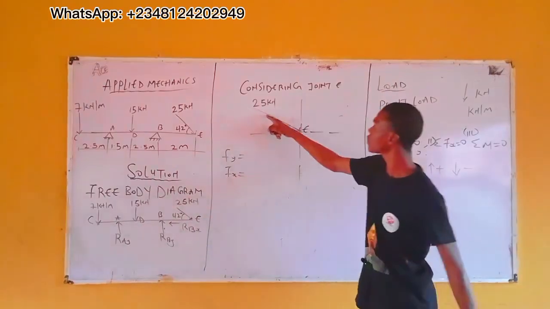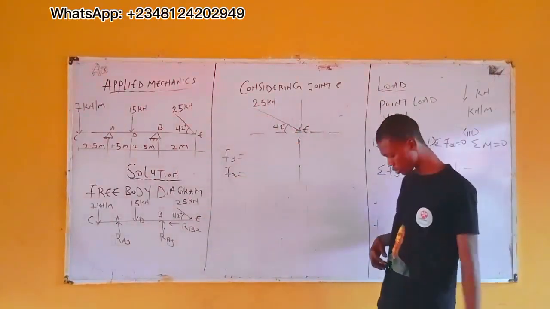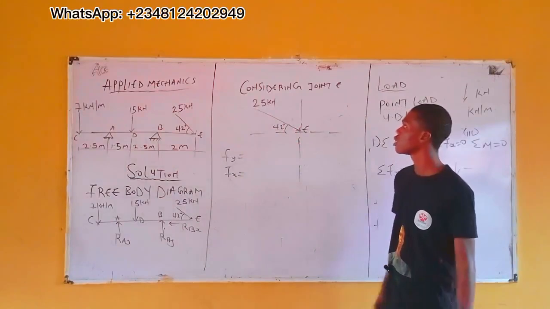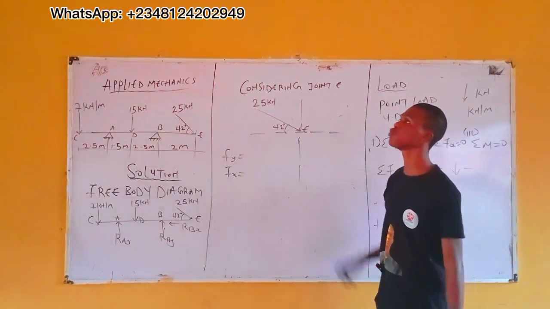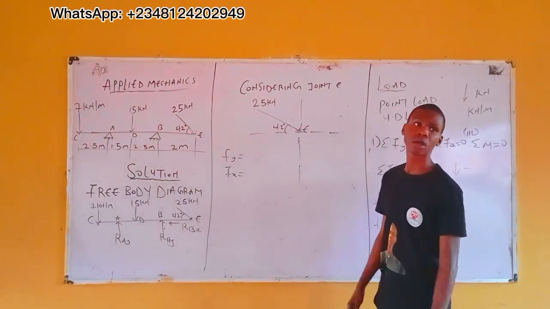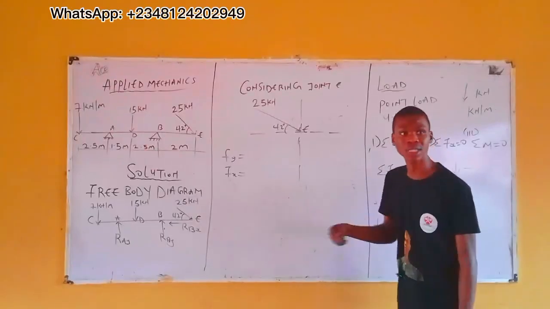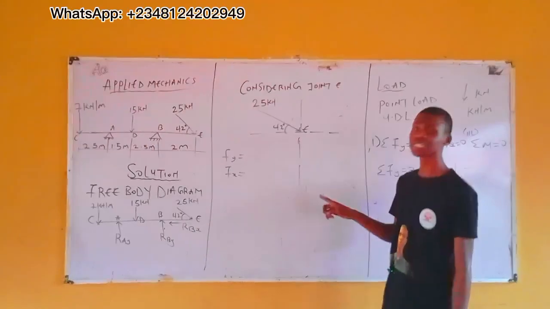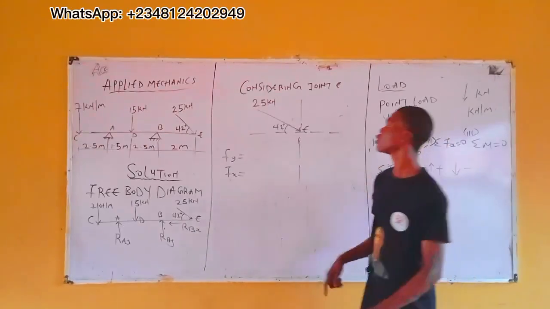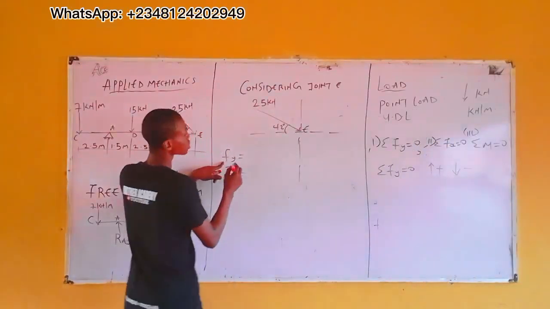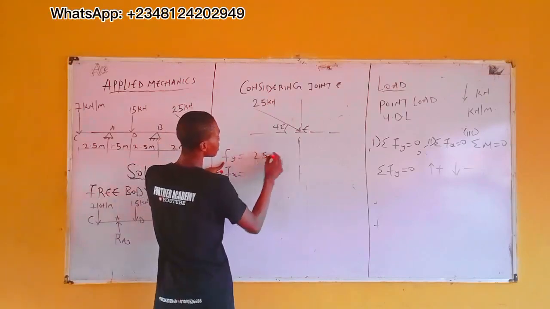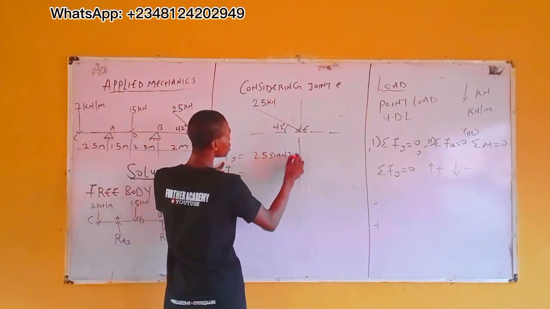You are solving this force to the vertical axis. This angle, where is it inclined to? Vertical or horizontal? Horizontal, because it is inclined to the horizontal. Horizontal component takes what? Cos. While vertical takes what? Sin. Now, vertical becomes what? 25 sin 42 degrees.